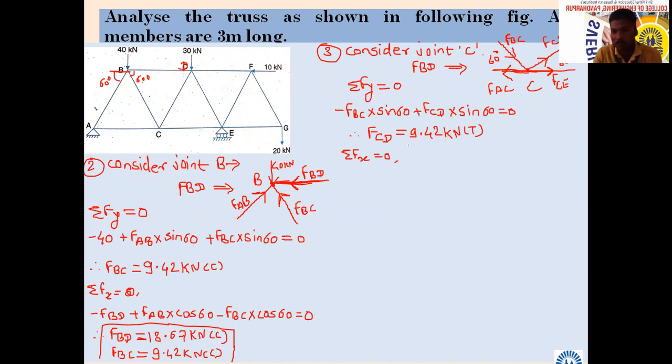FBC, is it going towards the positive x-axis or negative x-axis? Positive x-axis, cos 60. That force is over. Then FCD, is it coming towards the positive x-axis or negative x-axis?